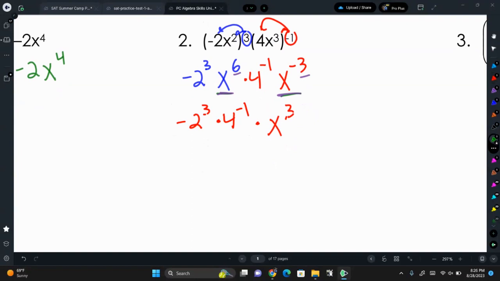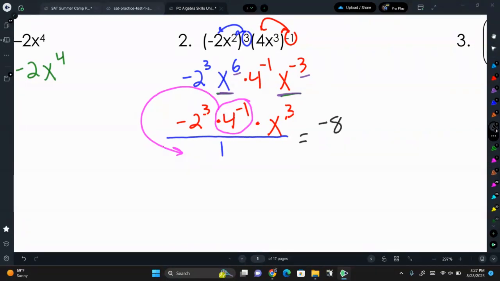When you have a negative exponent, what we need to do is put that on the other side of a fraction bar. So we always have this invisible fraction bar and over 1. Because this is a negative exponent, only this part is going to go into the denominator down here. So this is going to end up equaling negative 2 to the third power, which is negative 8. That 4 now goes to the denominator to the first power, and you don't have to write that first power because anything to the first power is just itself.